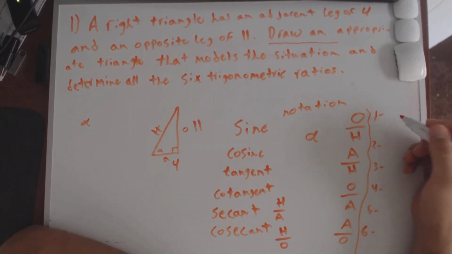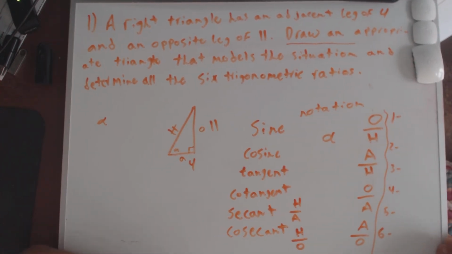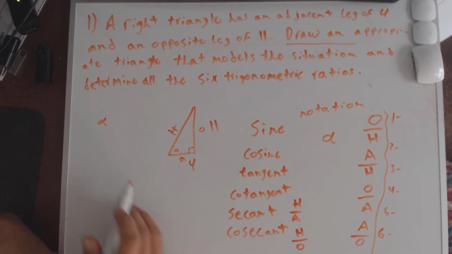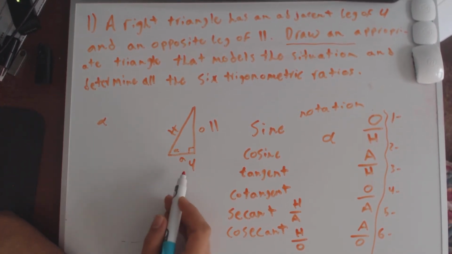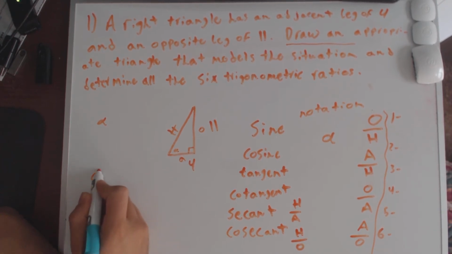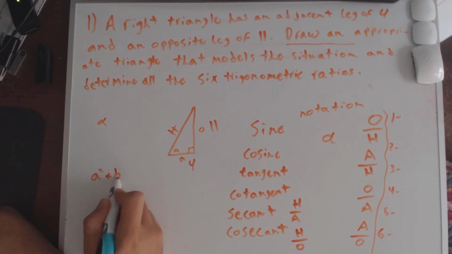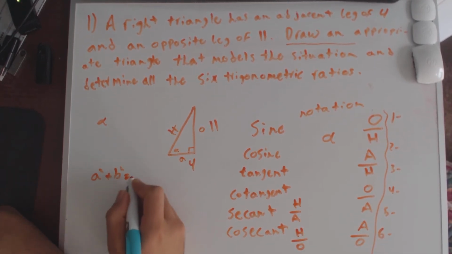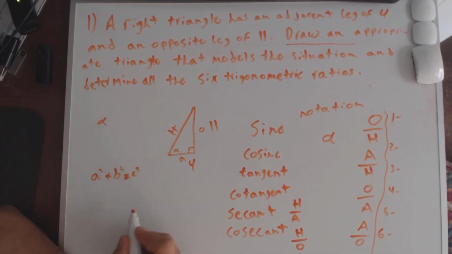So here for sine, which is opposite over hypotenuse, we have to figure out what the hypotenuse is. To figure this out, we can use this equation: a squared plus b squared equals c squared.